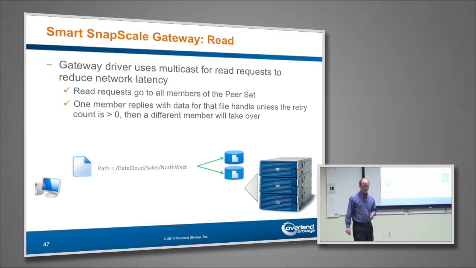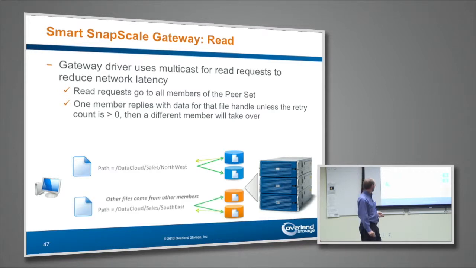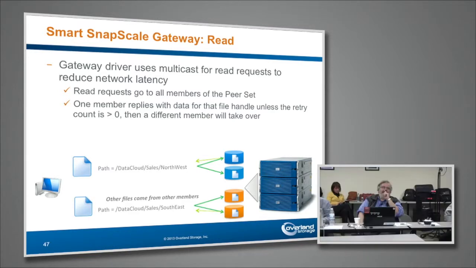Okay, give me a second to get my head around this. So the gateway determines what block needs to be read. Yes. He multicasts that to all of the members. Right.